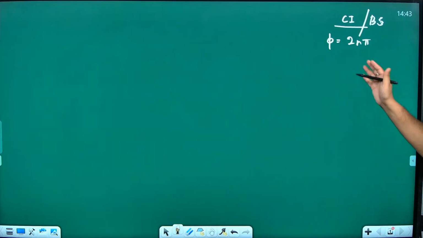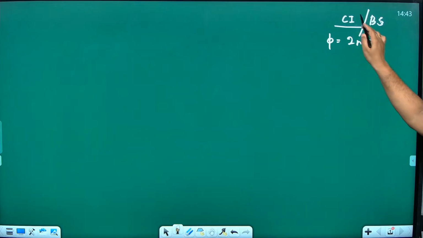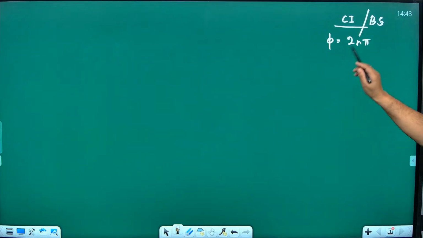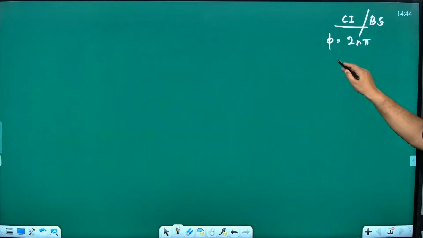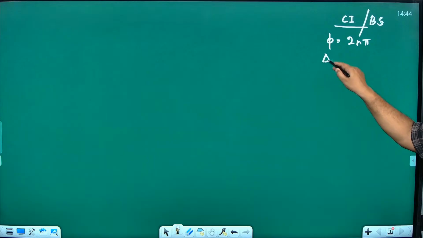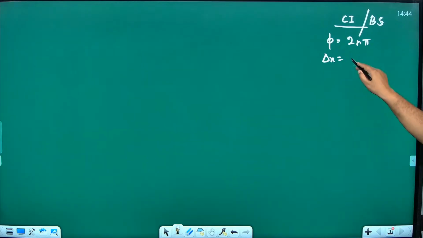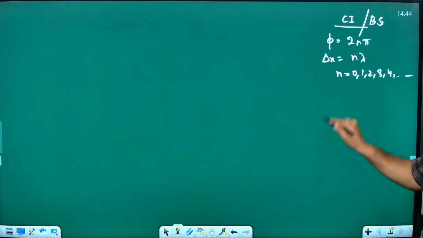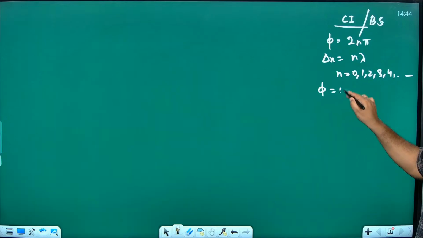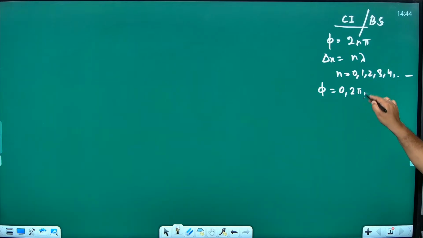Okay. Yesterday I taught that constructive interference takes place whenever the phase difference between two waves is 2n pi, where n starts from 0, or delta x is equal to n lambda, where n is 0, 1, 2, 3, 4 and so on. It means phi should be either 0 or 2 pi or 4 pi or 6 pi and so on.